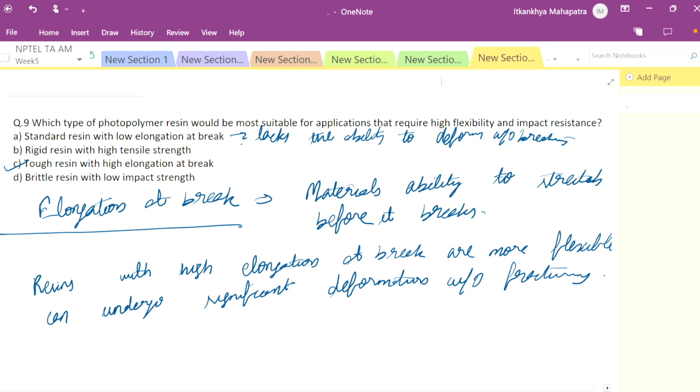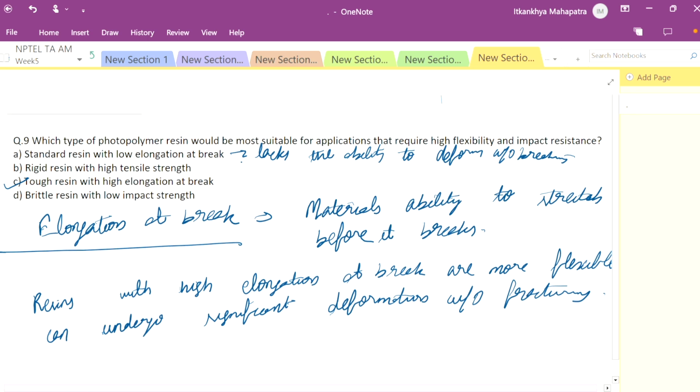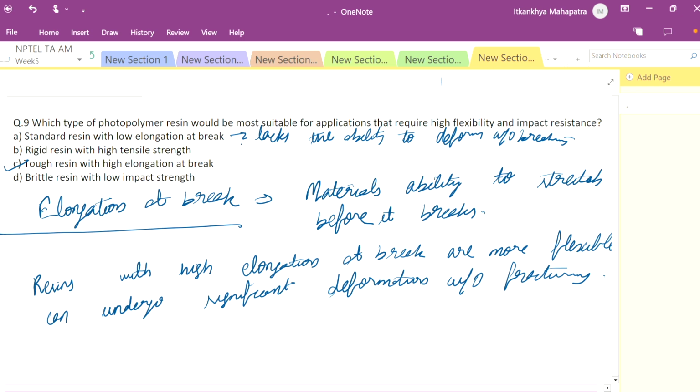And brittle resin with a low impact strength would not meet the requirement for high flexibility and impact resistance, because brittle materials tend to break or shatter upon impact, making them unsuitable for applications where impact resistance is important. So these were the points regarding elongation at break: a tough resin with high elongation at break is the type of photopolymer resin required for high flexibility and impact resistance.